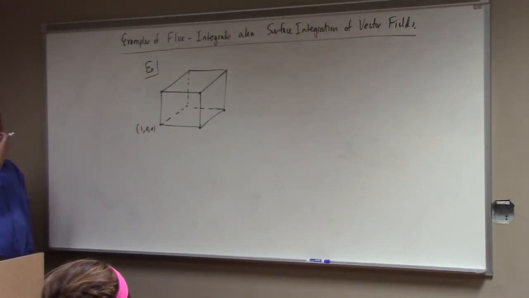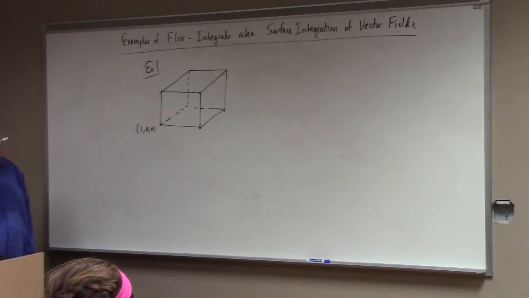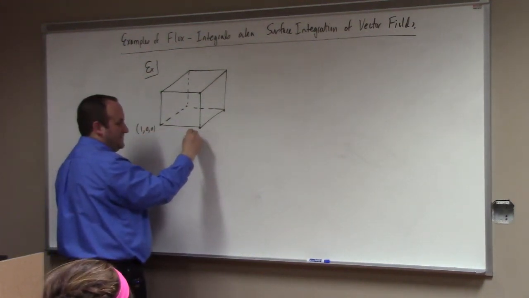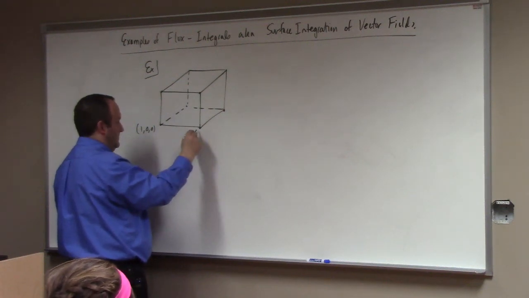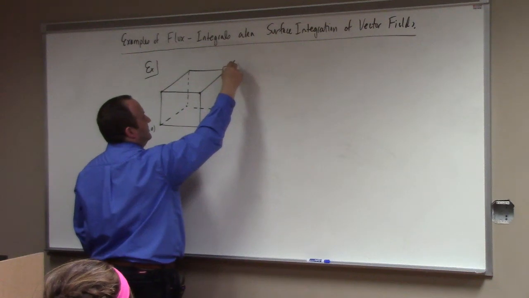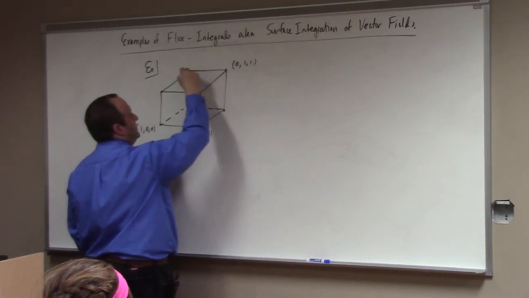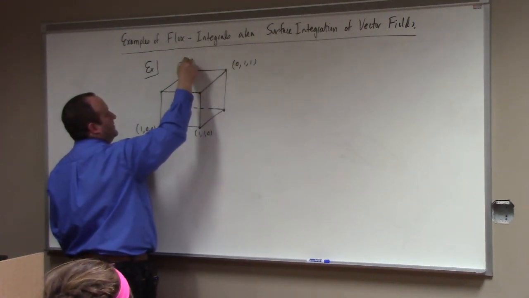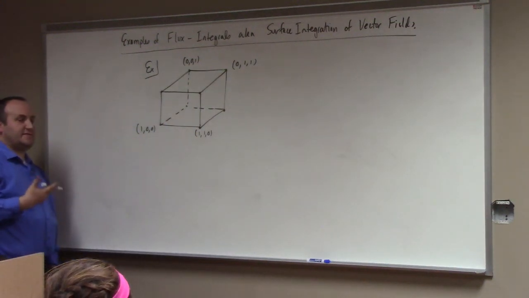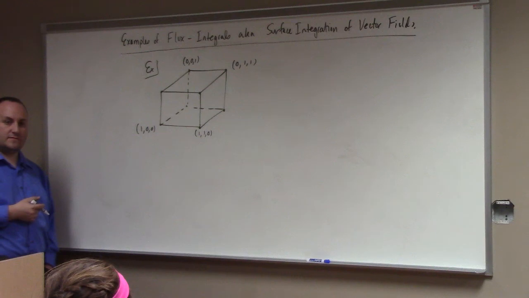So now you know the rest. If this is a cube and that point's 1, 0, 0, what's this point? 1, 1, 0. Up here you've got 0, 1, 1. This guy, 0, 0, 1, etc. All right. There are 6 faces to the cube, right?